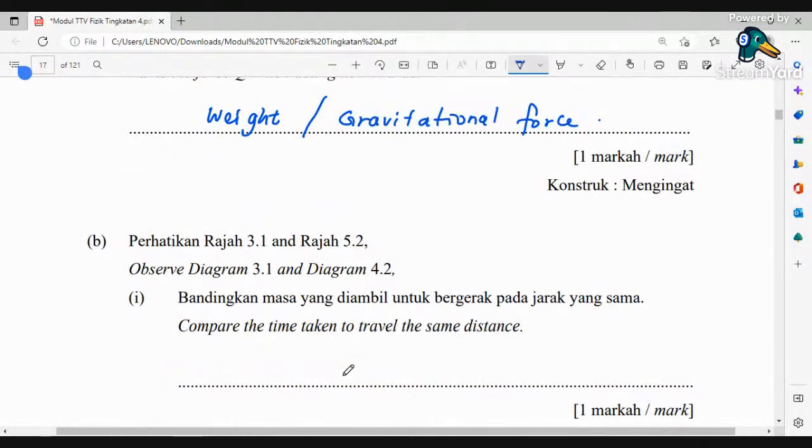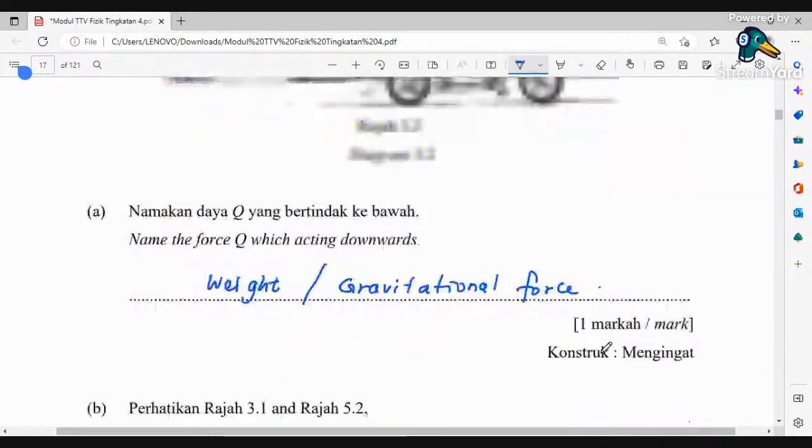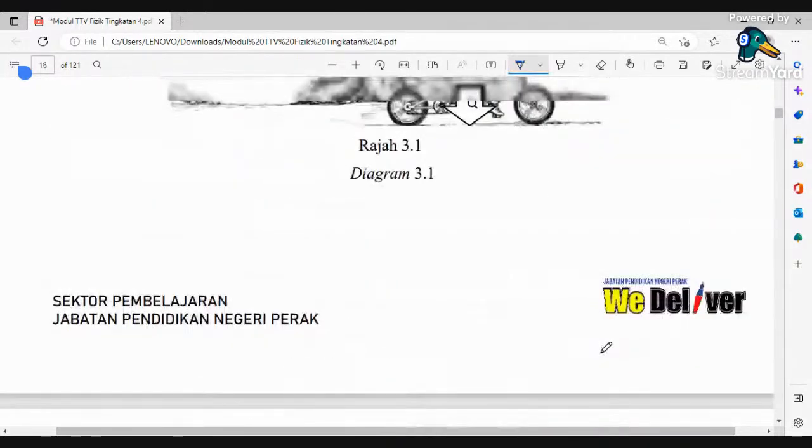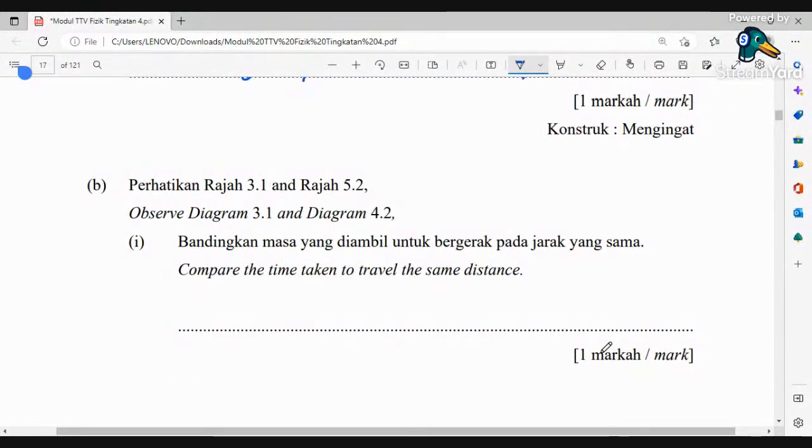Observe diagram, compare. Ini soalan compare. Compare time taken to travel the same distance. Already mentioned above. Diagram 1, 10 second. Diagram 2, diagram 1 ialah 5 second. So, I want to start with diagram 3.1.